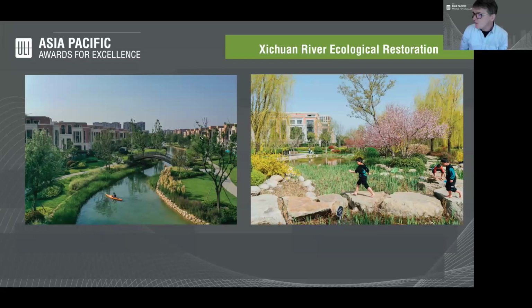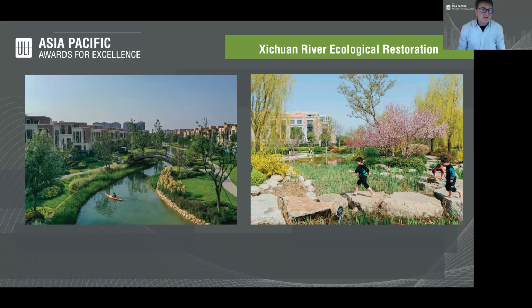This is the Sichuan River Ecological Restoration. This is an open space project. We do get quite a few projects of this kind in China. And they refer to a river reclamation in this case. Of course, there has been a large industrial component as the Chinese society has grown over the years, and pollution has been a problem, particularly in the past, where a lot of effluent and waste was just thrown in the local river systems.